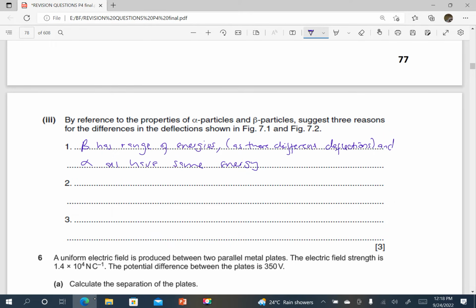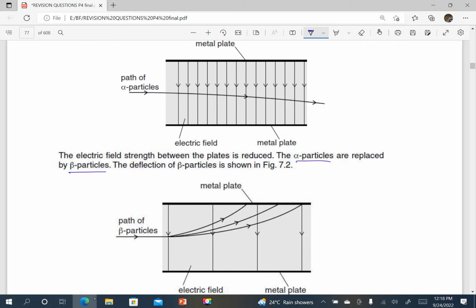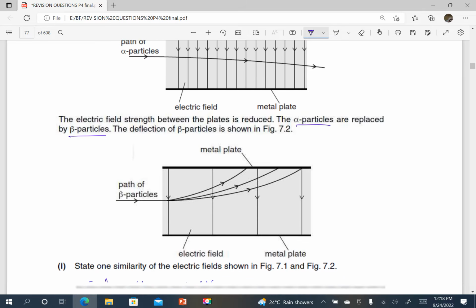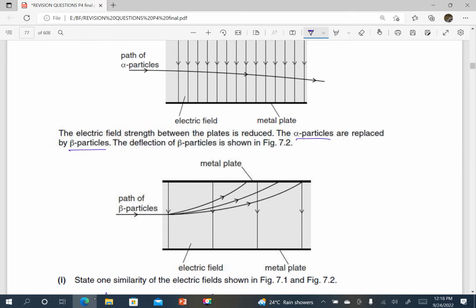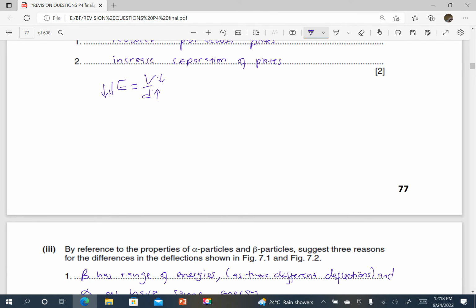So when you look at the paths of these two, you notice that beta particles are moving in different paths, yet all alpha particles are following the same path. This is because they have different velocities or different energies. Beta particles have a range of energies, yet all alpha particles have the same velocity or the same energy.